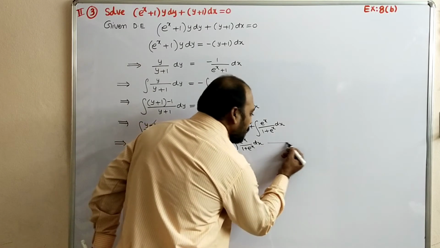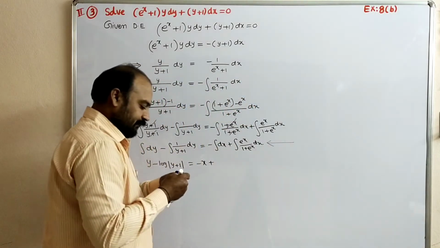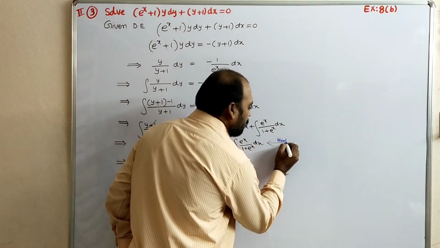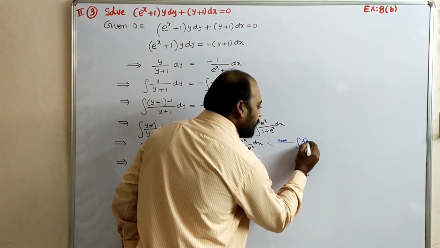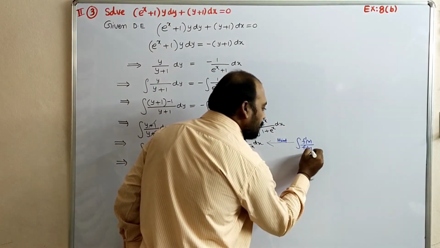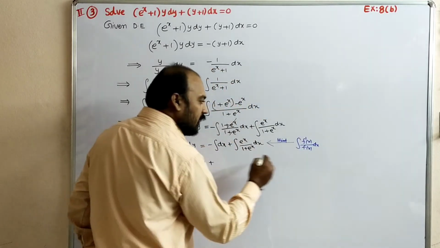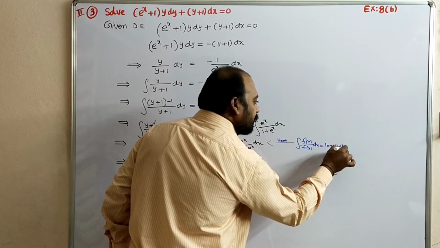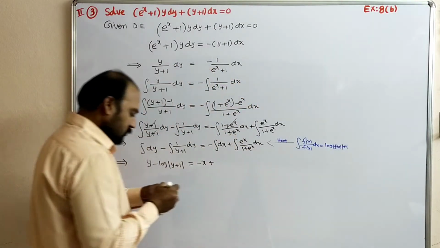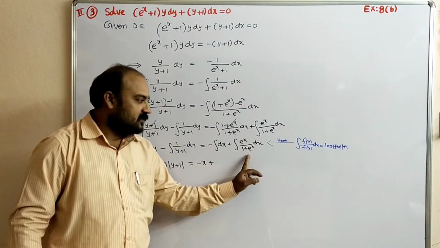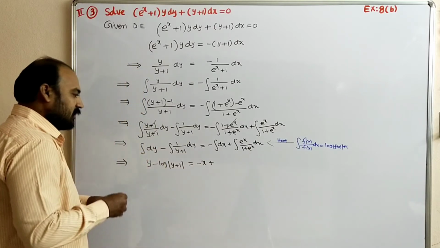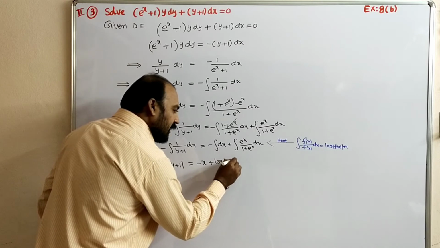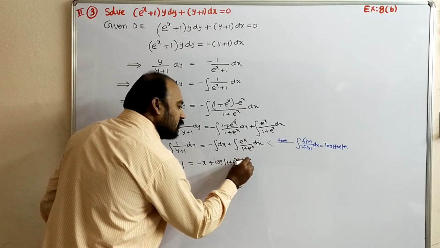Here I am giving that hint. The integral of f dash of x by f of x into dx form is there, so we can write it as log mod f of x plus c. Here this is f dash of x, this is f of x. So we can write it as log mod 1 plus e power x plus log c.